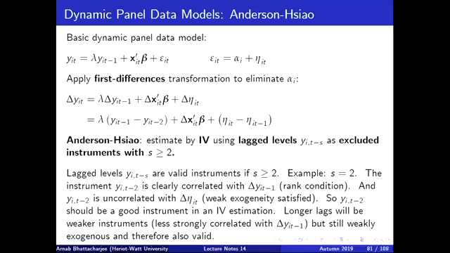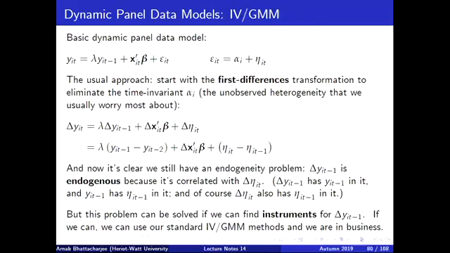This is our equation. Anderson-Hsiao suggested using IVs, using lagged levels as excluded instruments for s greater than or equal to 2. We have already seen that yit minus 2 will work. Yit minus 3 will work as well in principle. Why? Because yit minus 3 should be related to yit minus 2, because of this model.